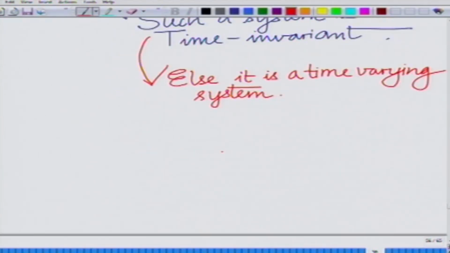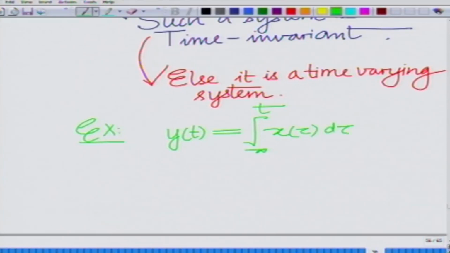For example, let us take another example. If you have y(t) equals the integral from minus infinity to t of x(tau) d tau, you can show this is time invariant.